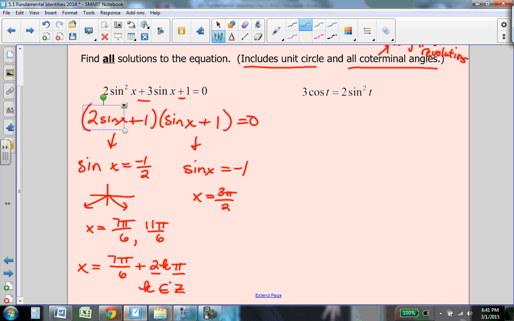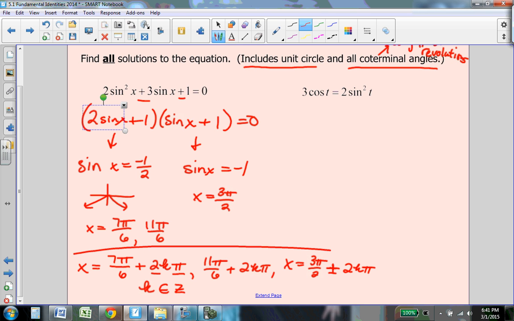So you can add or subtract any rotations that you want from that. We also have then 11 pi over 6 plus 2k pi. And x equals 3 pi over 2 plus or minus, it ends up being minus if you use a negative integer, 2k pi. So we have 3 solutions there, and the 2k pi is just saying you can go around as many times as you need to, but land in the same place.